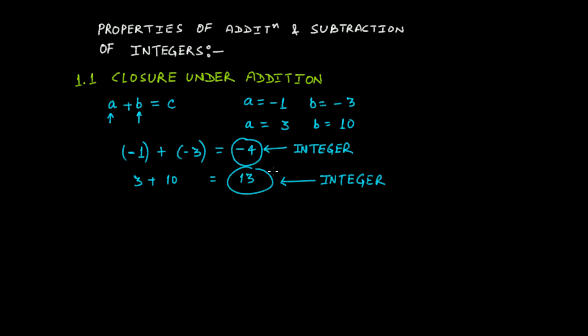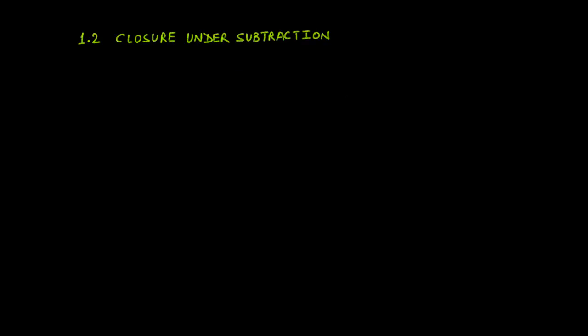Okay. What about subtraction? The closure under subtraction: is the subtraction of two integers closed? Does that follow the closure property? Like if we subtract two whole numbers, then we'll get a whole number. And since we are getting a whole number, we'll say that the subtraction of whole numbers is closed, that is, it follows the closure property.